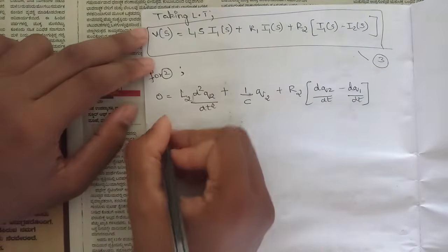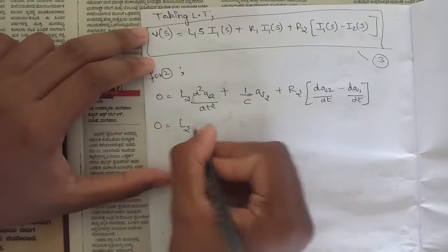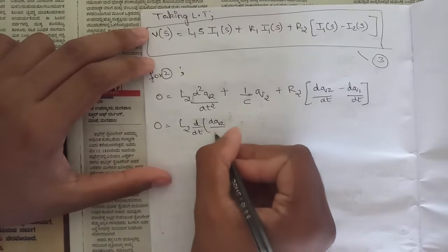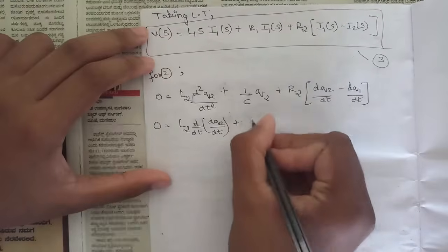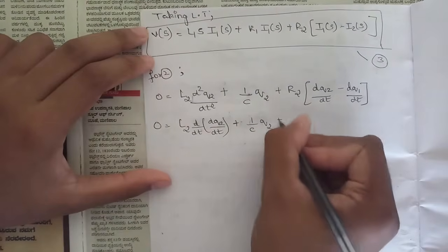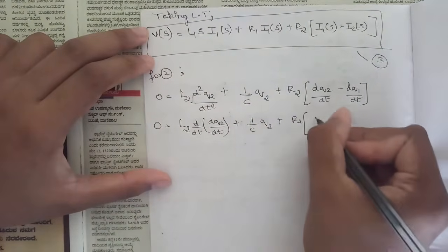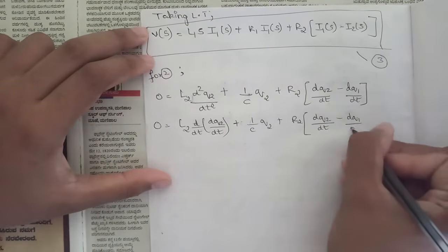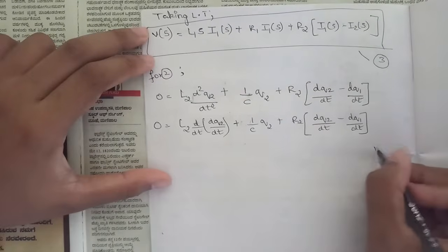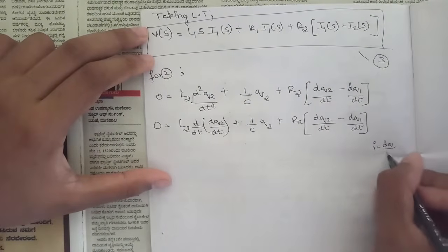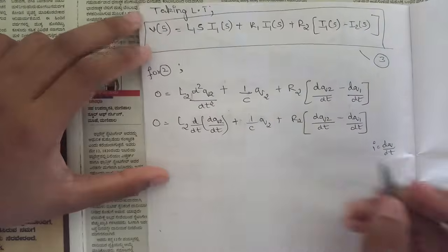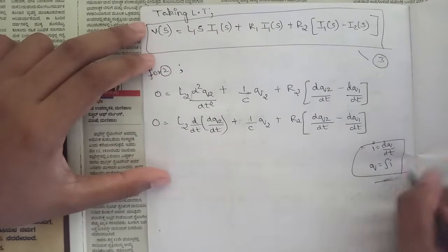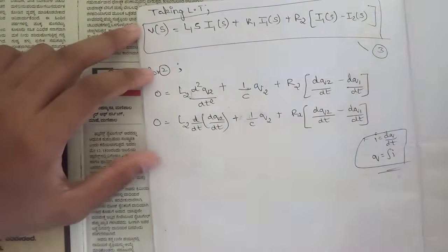So again further simplify this, 0 equal to L2 into, split this, that is d by dt of dq2 by dt plus 1 by c into q2 plus r2 into dq2 by dt minus dq1 by dt. Again we know that I is equal to dq by dt, right? And also here we have only the q term, so we also know that q is equal to the integration of I. Okay, so these two things we need to replace in this equation now.